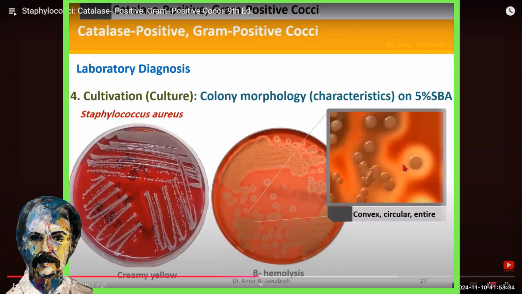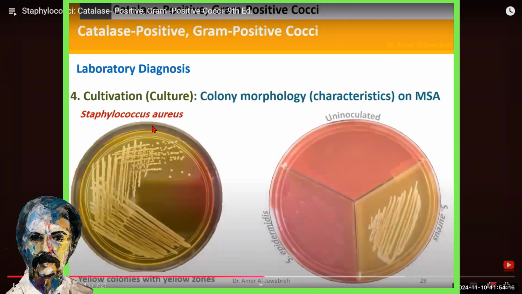For those who were not in the lecture, we had alpha hemolysis. The color is green, which is partial hemolysis. We have full hemolysis, complete hemolysis. It's beta hemolysis. And we have no hemolysis or very slight, which is gamma hemolysis. Creamy yellow, convex, circular, you see, entire, it's just complete, and sometimes glossy, it shines a little bit.